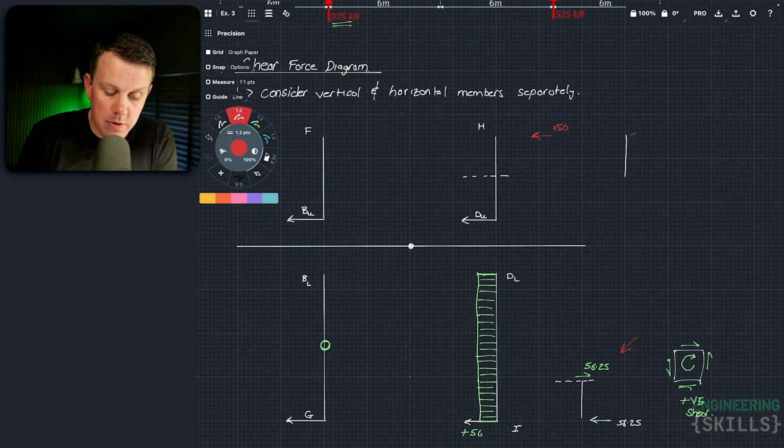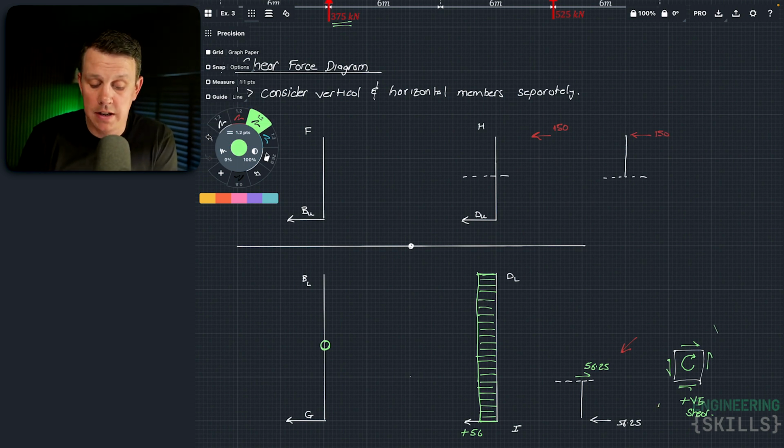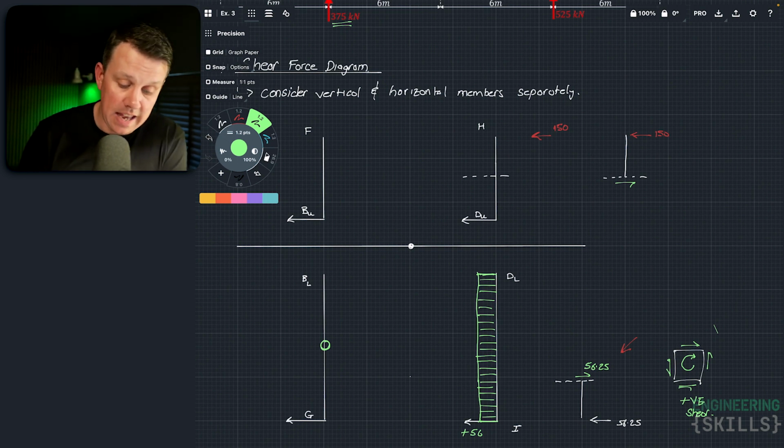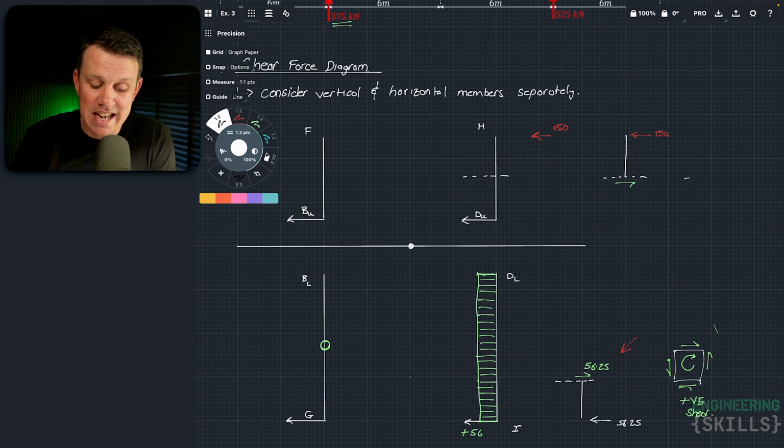And we can say we have 150 coming on here. The cut has revealed the internal shear force. Now this thing has to be in horizontal force equilibrium. So if the force is coming on from the left, the shear must balance that and point to the right. Now we know that, again, based on our deformation sign convention, that corresponds to a negative shear.